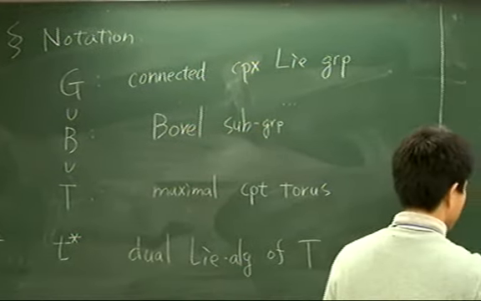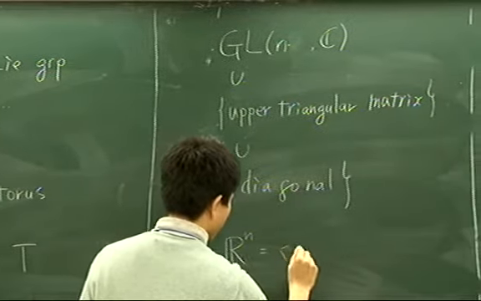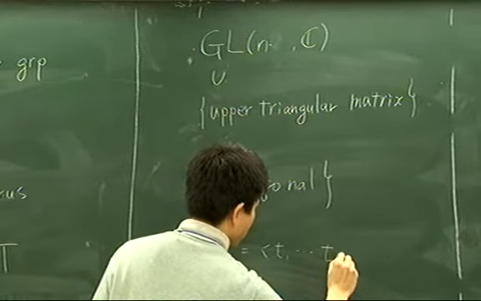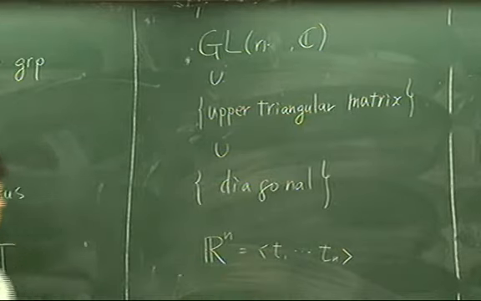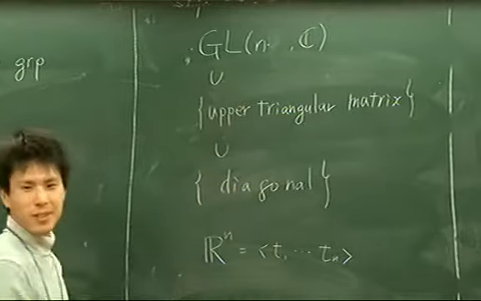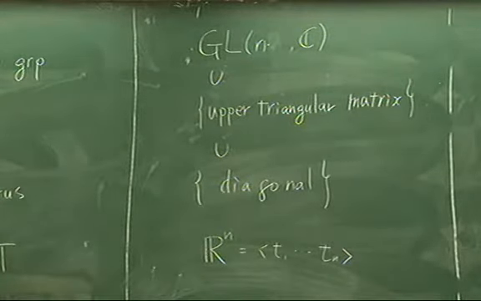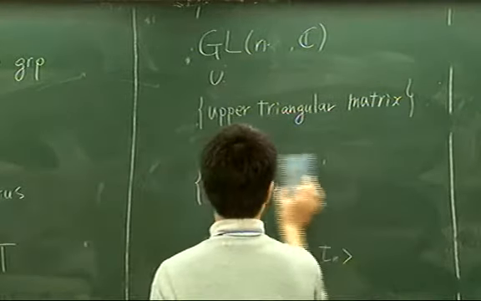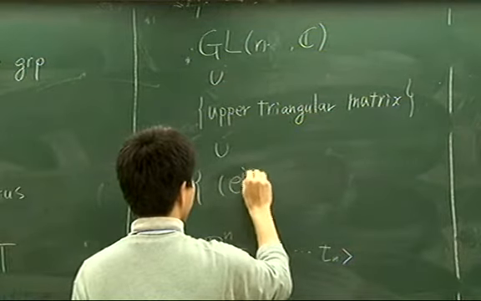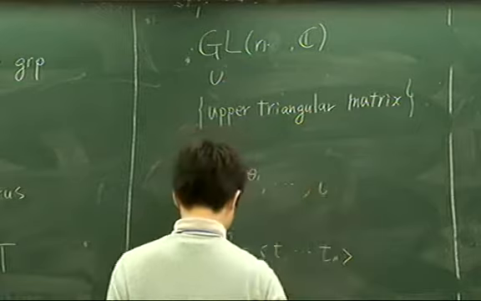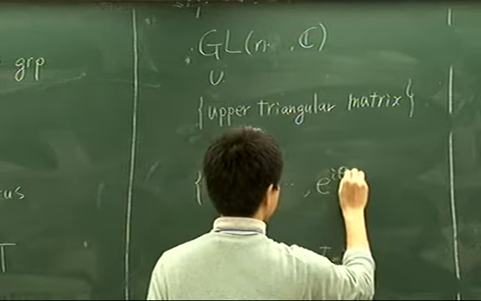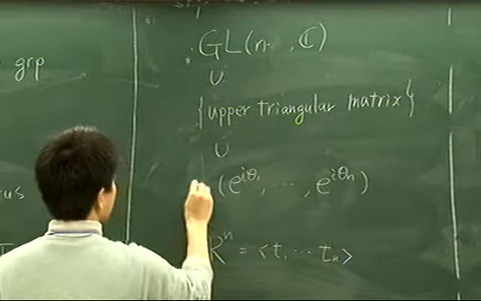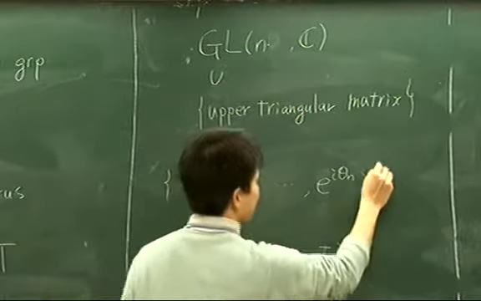So this is just R^n spanned by e_1 to e_n, the standard basis vectors. Yes, diagonal. Because there is an inclusion.